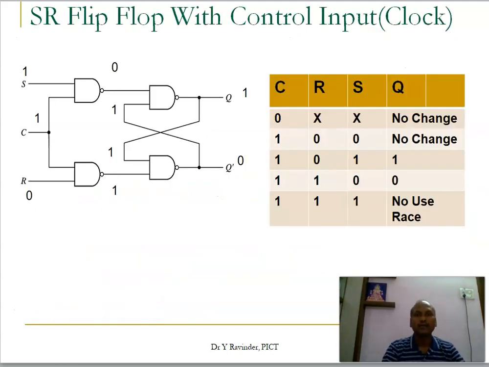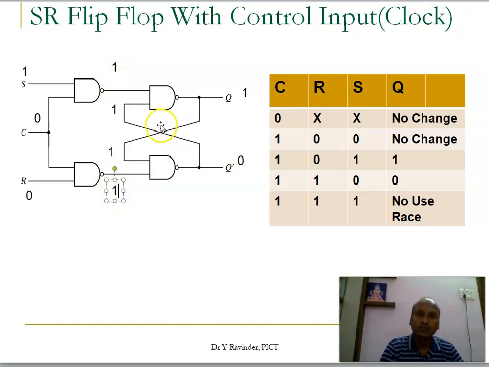Now look at this. If this is 0, irrespective of what R and S are, because one of the inputs to a NAND gate is 0, this will automatically become 1 and this also will become 1. This is 1, this is 1.